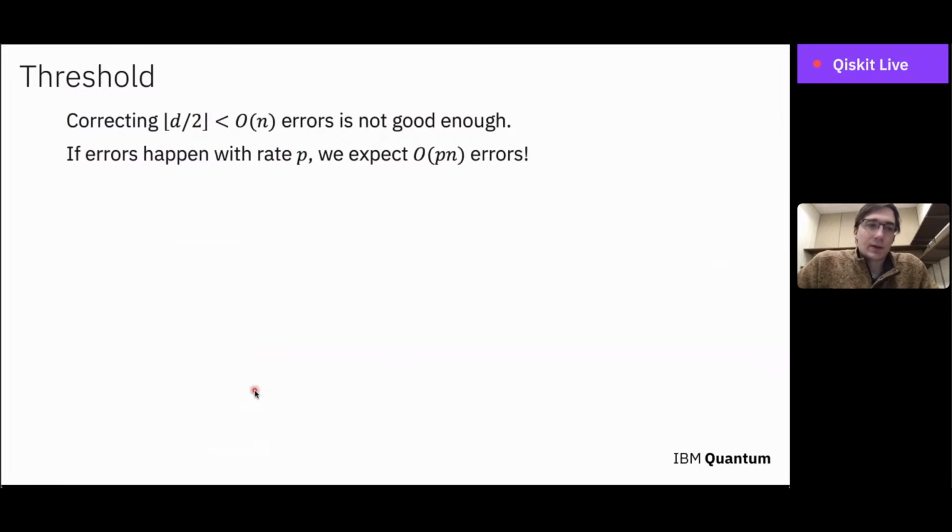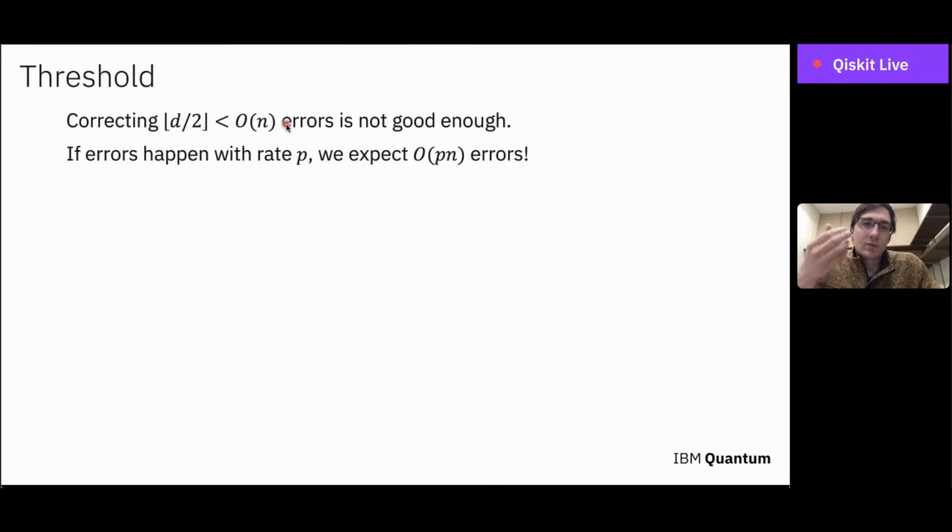Here I'm trying to make the point that, for the surface code, when you scale it up, the code distance d, which indicates how many errors you can correct, d over 2 errors, is fewer than the number of physical qubits you're using, so that's not always going to be good enough.